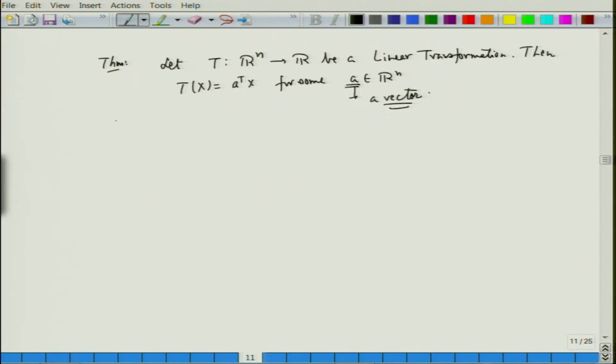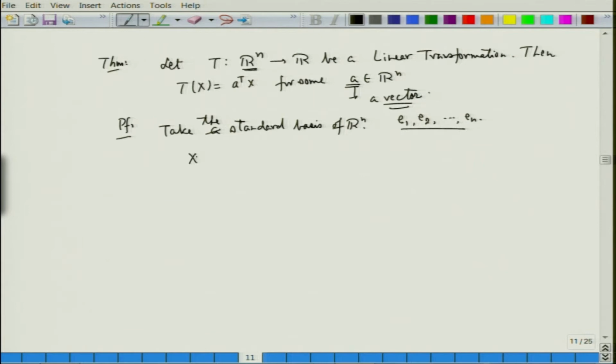So let us try to prove this. I am starting with R n and I take the standard basis of R n, E1, E2, En.